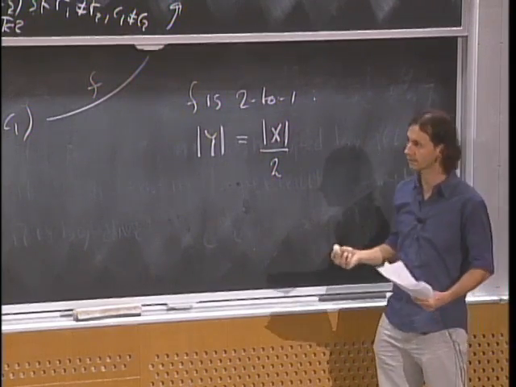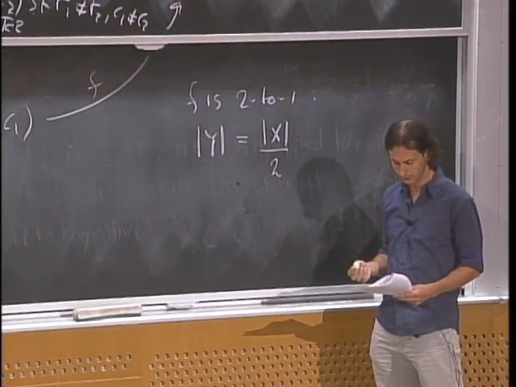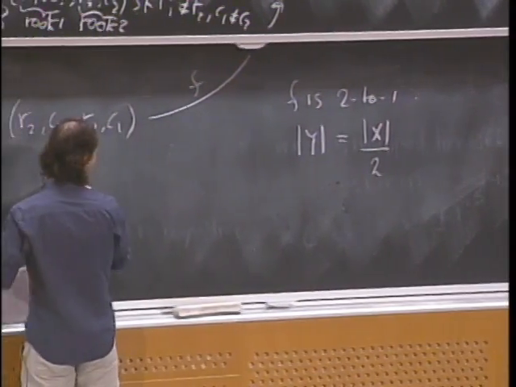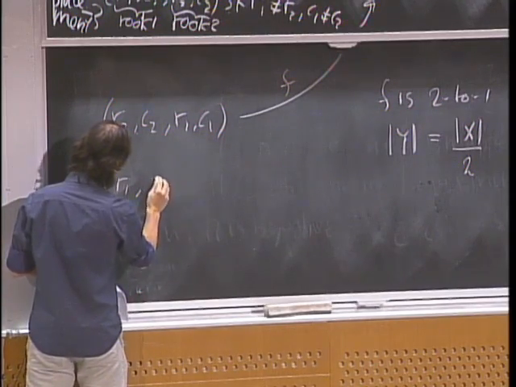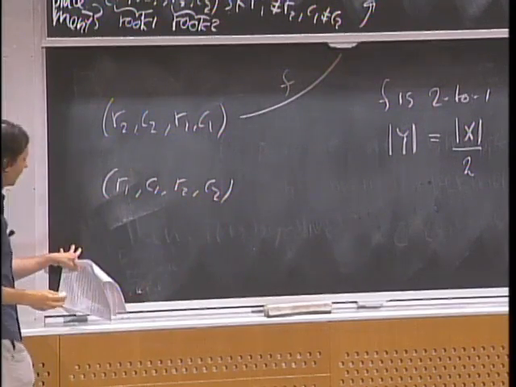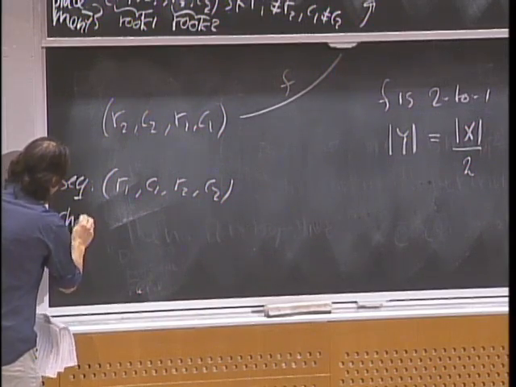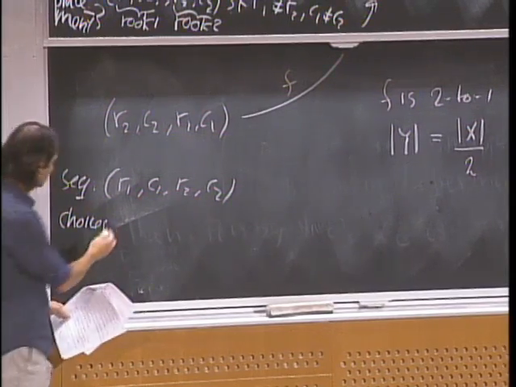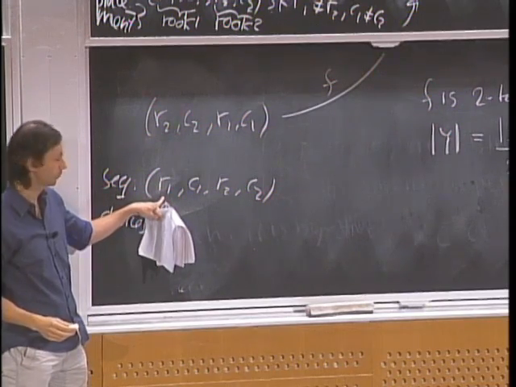Well, we're going to use something similar to what we did when we were counting permutations, and I will generalize that in a moment. So how do we go about this? Well, let's have a look. If I have R1, C1, and R2 and C2, so this is a sequence. So how many choices do I have? Well, a chessboard has 8 rows, so I can choose 8 possible rows for the first rook.